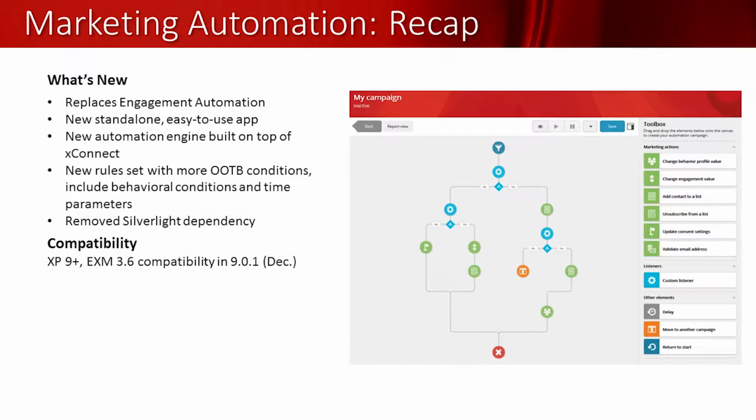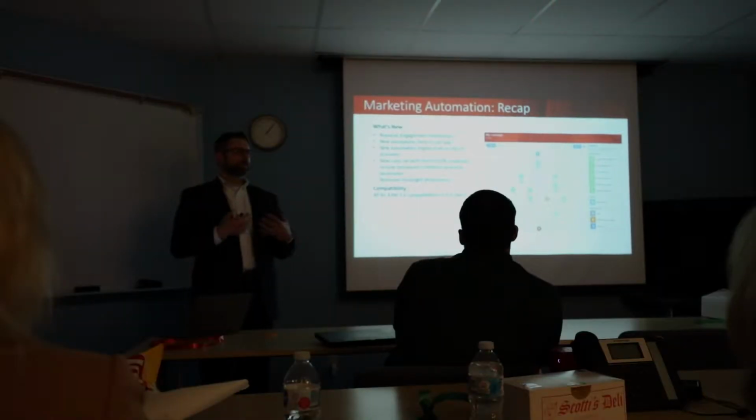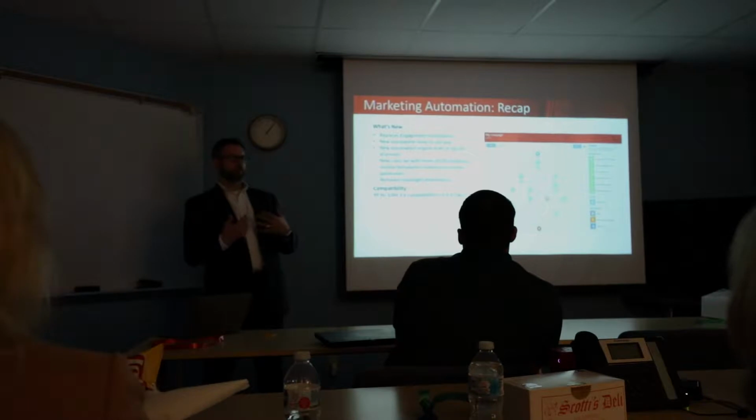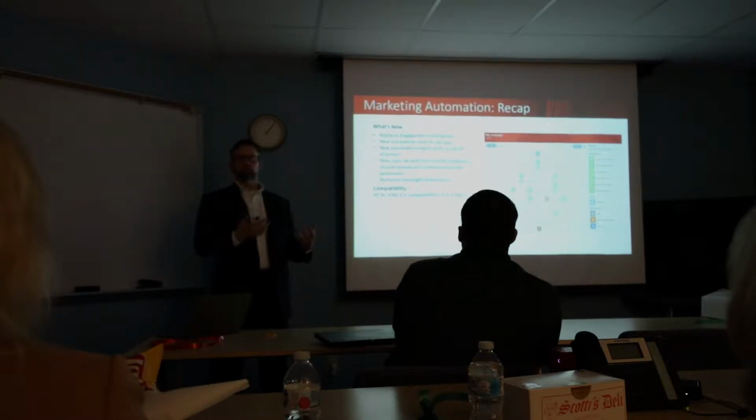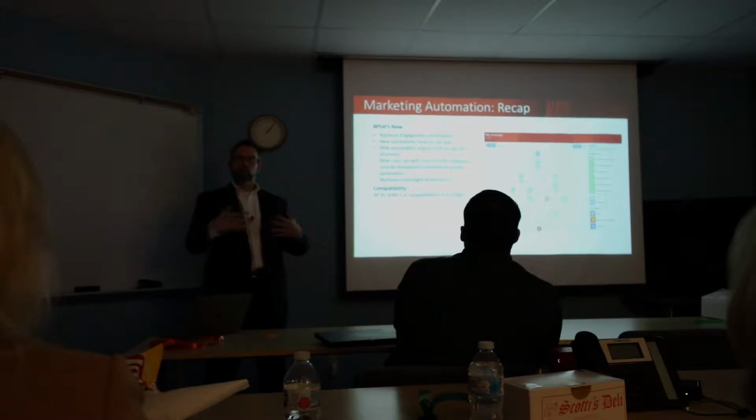If you're familiar with marketing automation suites or just marketing platforms, it's very typical to have components of landing page, forms, a marketing automation app, and email packaged together. Sitecore is unique in that it is all integrated into the one platform, which is Experience Platform.